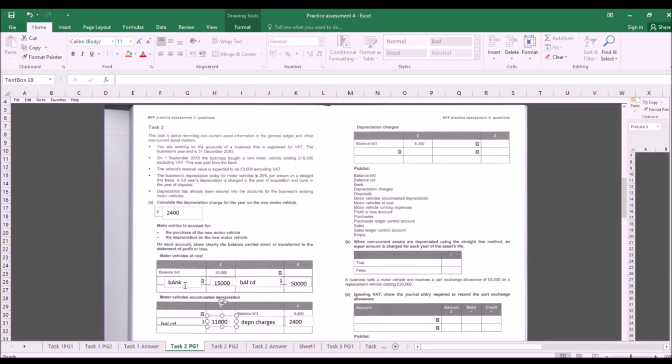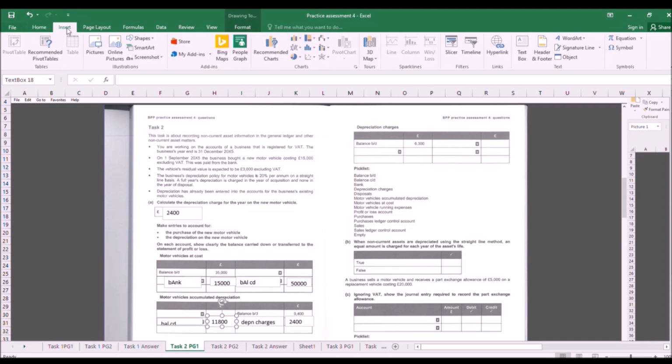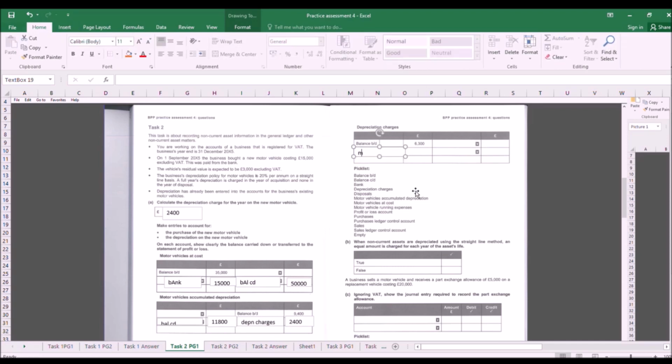And then what we've got over here, we'll have our charge in the year. The depreciation charges here. Motor cumulative depreciation, won't it? Where we're putting this. Wouldn't really look like this in reality.